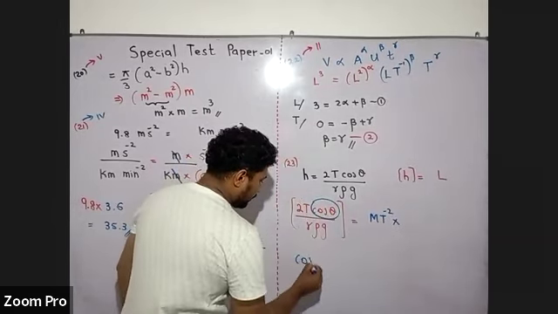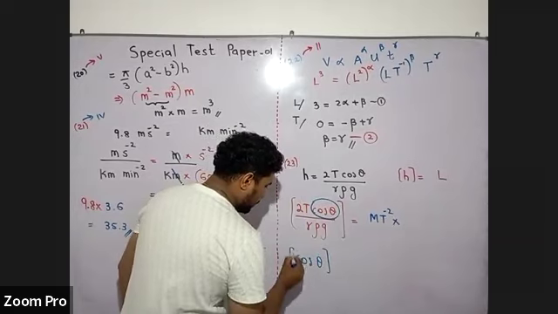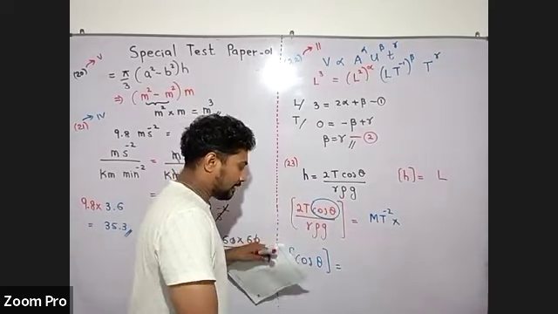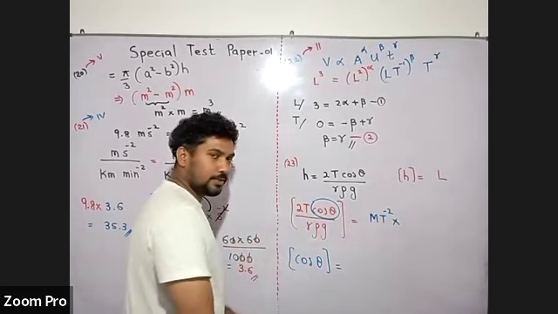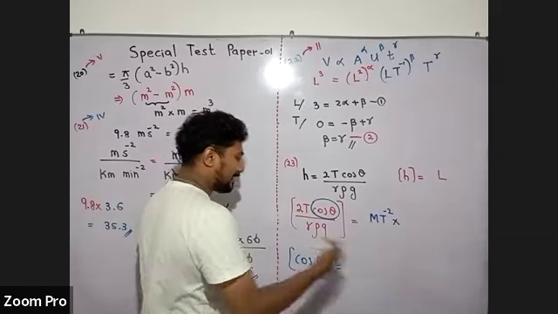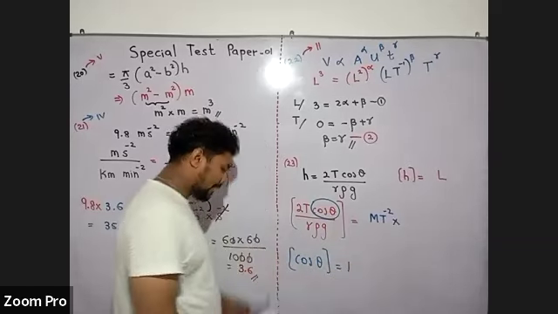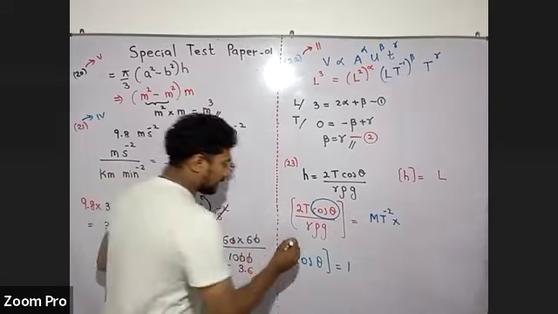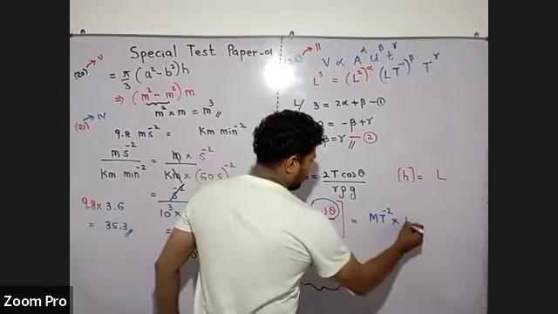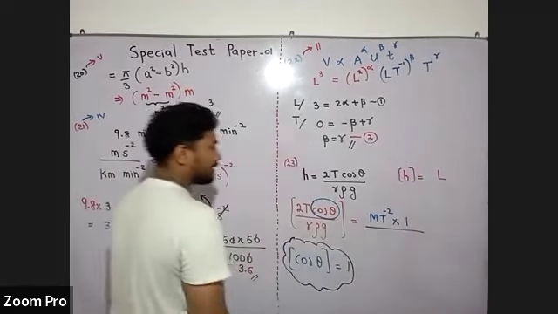There are no dimensions for a trigonometric ratio, so the dimension of cos theta is dimensionless, which means it can be considered as 1. So these are theory, right? Instead of cos theta, I can substitute 1.